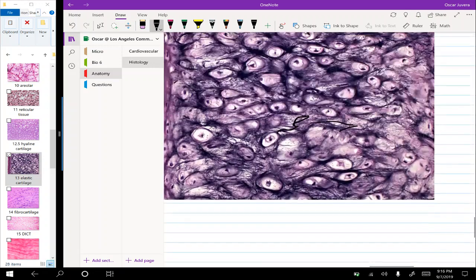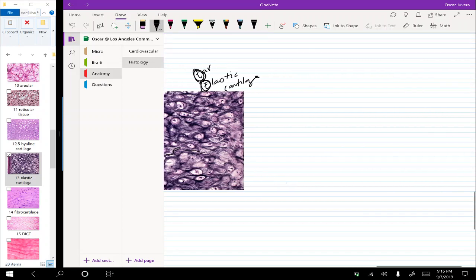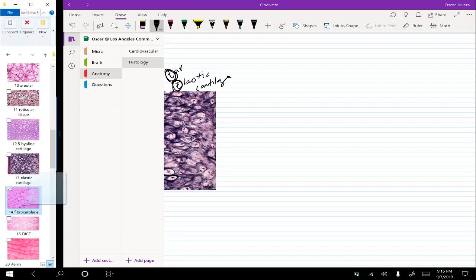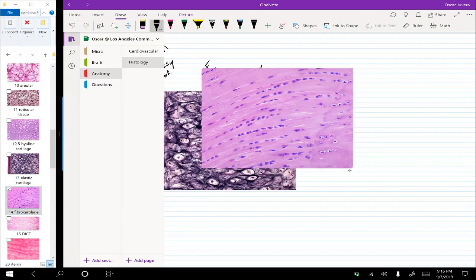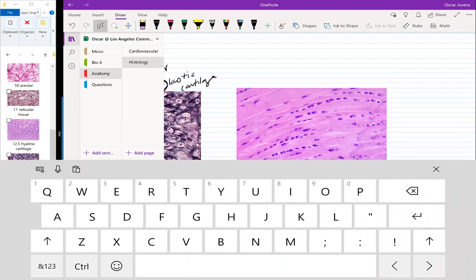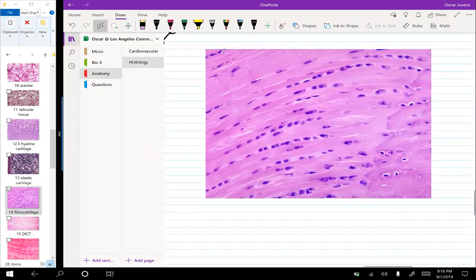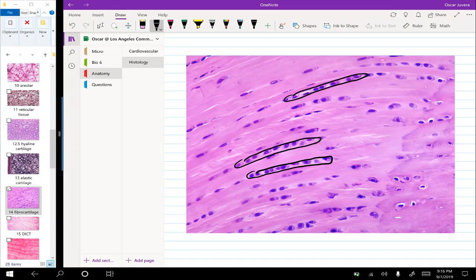Moving on. So we said that this is hyaline cartilage, elastic cartilage, and we have the last type of cartilage, which is my favorite one, which is the fibrocartilage. Now, the fibrocartilage is really important because it's the strongest of the three, and it's really simple to identify because, take a look, they are making rows, and that's the giveaway. The rows that they're making, one after the other, you have one and then another one, another one.